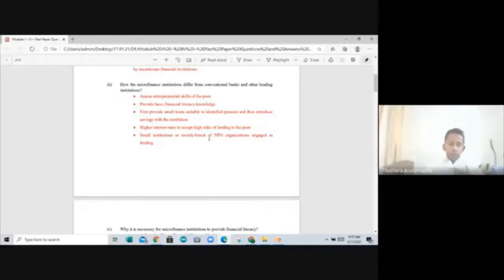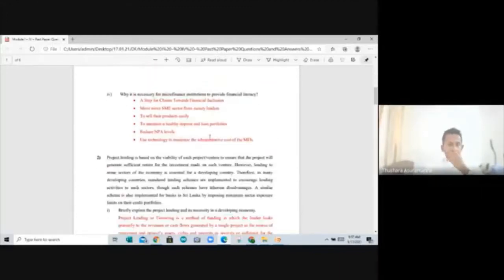Right. Last one, why is it necessary for microfinancing institutions to provide financial literacy? Again we talk about financial inclusion, because unlike SME or corporate, this is a must. This is a real need, right? As I was telling, microfinancing is micro.